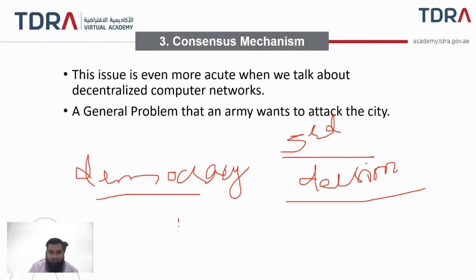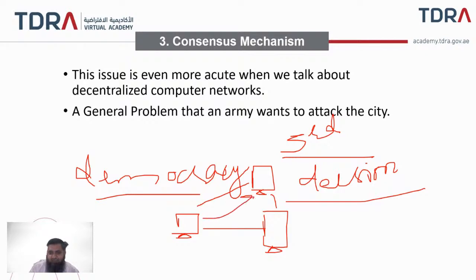For example, there is node 1 on a blockchain, and there is node 2 on a blockchain, and they both are connected with each other, and there is also a chain with another node, and this node also has the information. So all three are connected. Now they have to decide whether they are going to add the block or not. Then there will be a consensus between all three nodes.